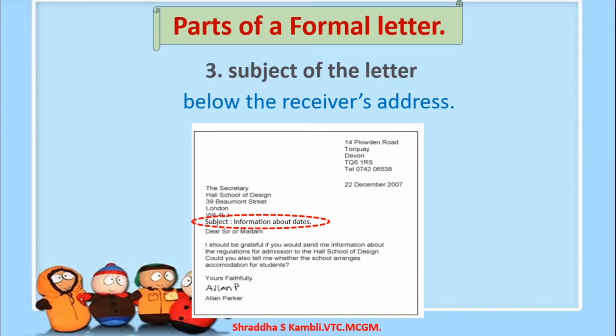That is writing the subject of the letter. And it should be written just below the receiver's address. That means near the margin on the left hand side. Below, right after you write the receiver's address, below that you will write the subject of the letter, or what the letter is about.